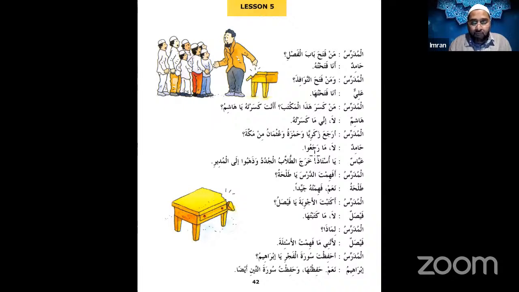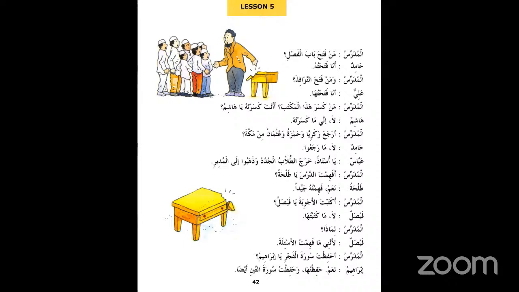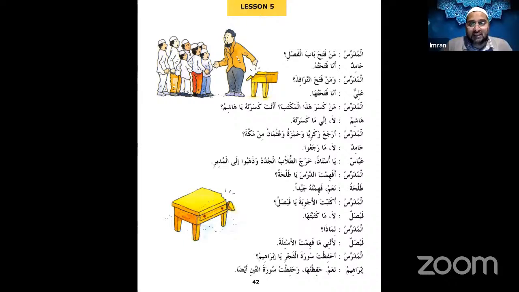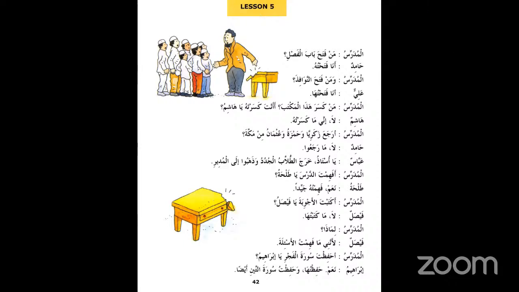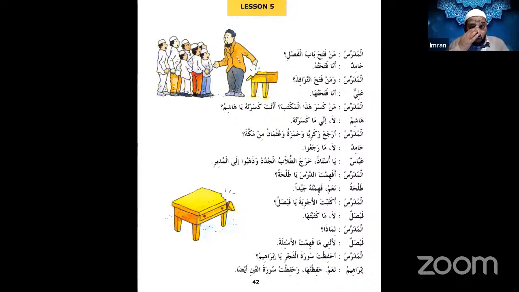Now, raja'u. What type of verb is raja'u? Is it singular, dual, or plural? Raja'u is plural. And what is the singular? Raja'a, all fatah. Ra, Jim, and Ain, all of them should have a fatah. And that's your singular.